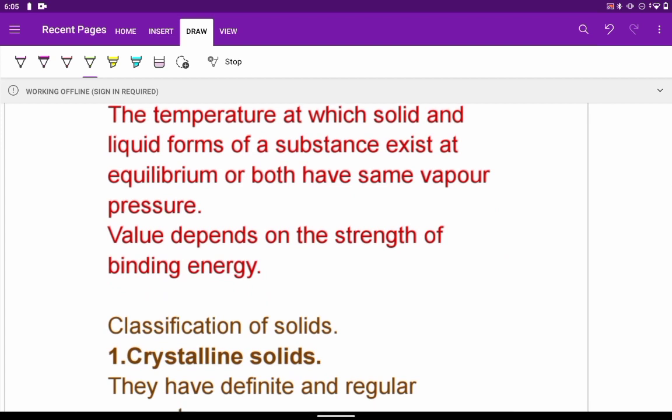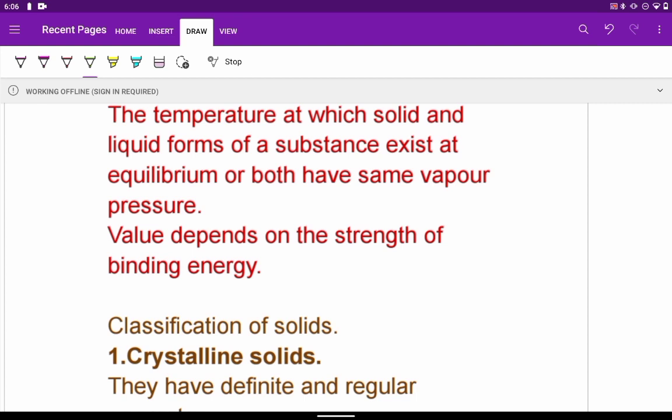The value of this melting point will depend upon the strength of the binding energy because we have to break the binding energy so that the constituent particles gain sufficient energy and they are able to break away from their already having fixed position. They have to move away from that.